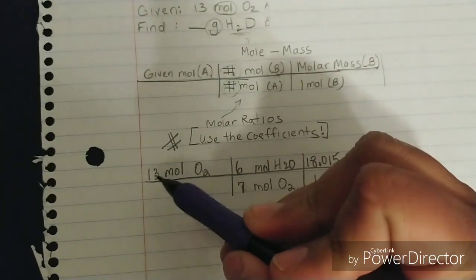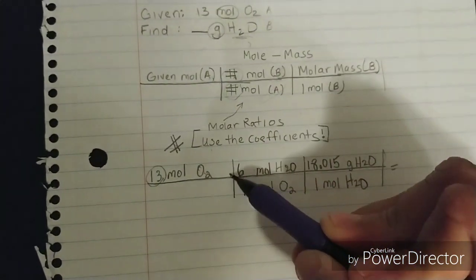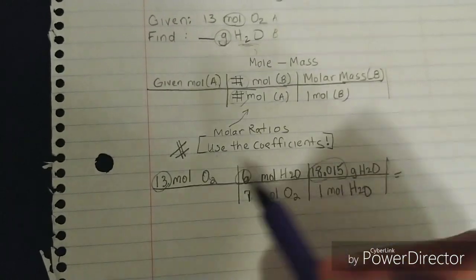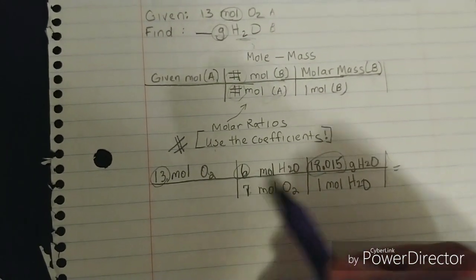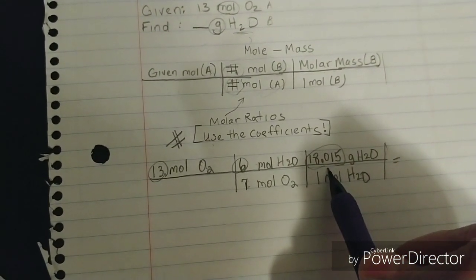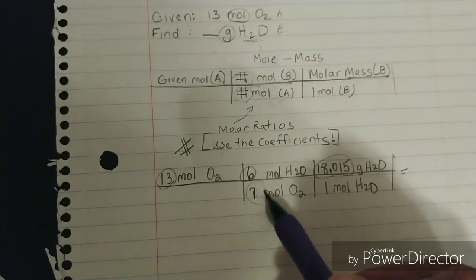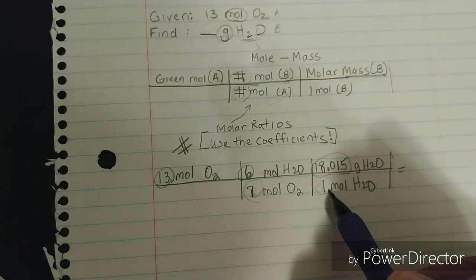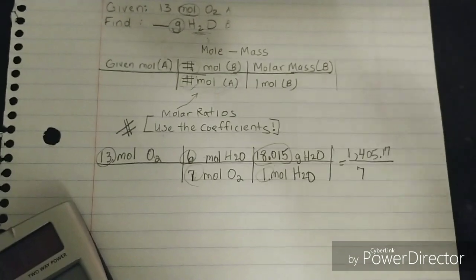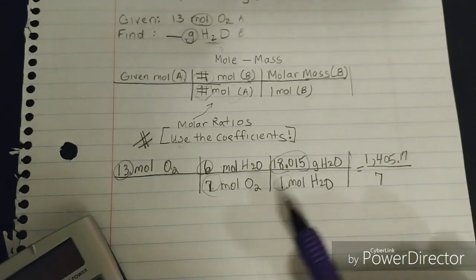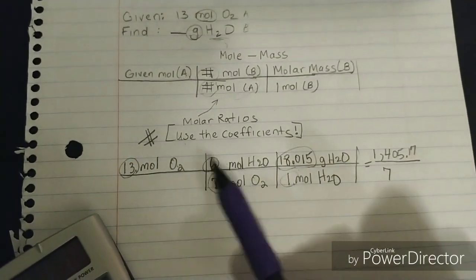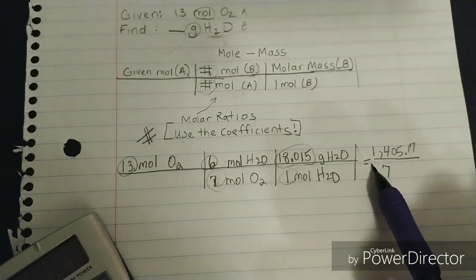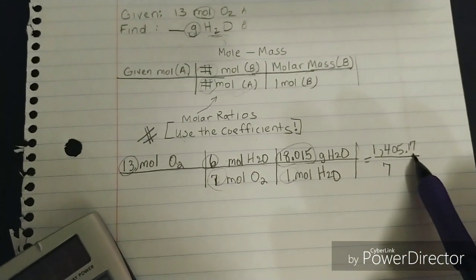So what you're going to do now is take these numbers and multiply them across. So you're going to do 13 times 6 times 18.015. You're going to do the same thing with the bottom numbers: 7 times 1. Okay, doing the math, by multiplying these 3 numbers, we get 1,405.17.